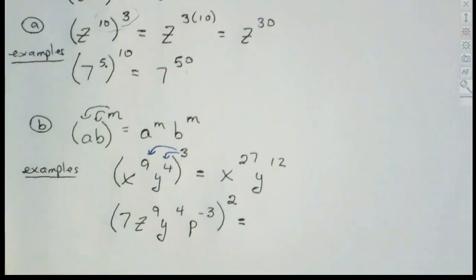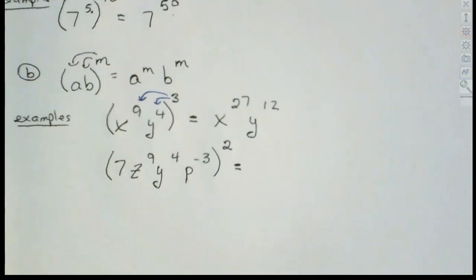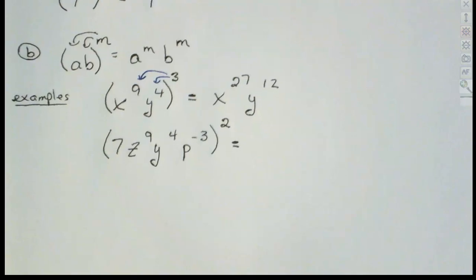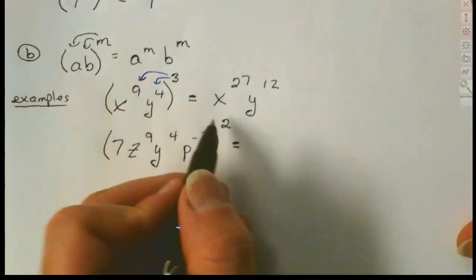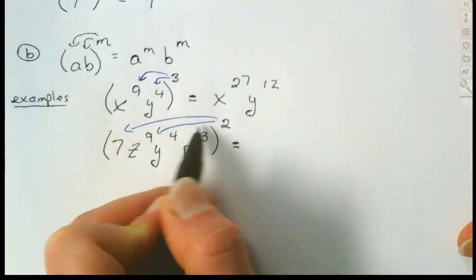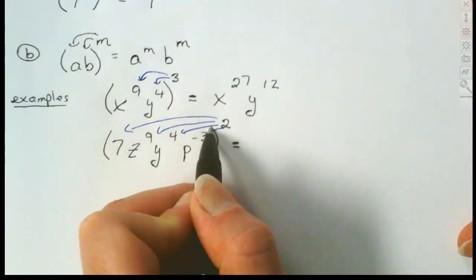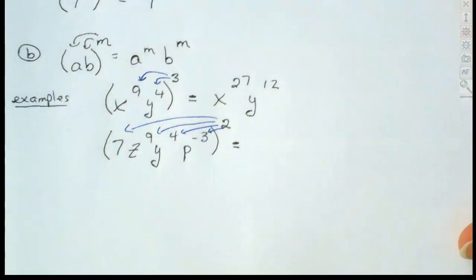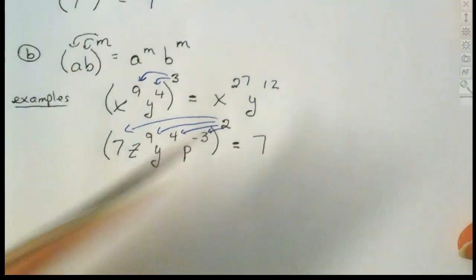This is going to require us to eventually use the negative exponent rule and also the power rule. So what we're going to do is distribute through that 2. That 2 is going to get distributed through, right through here, and that's going to come out to be 7 squared.